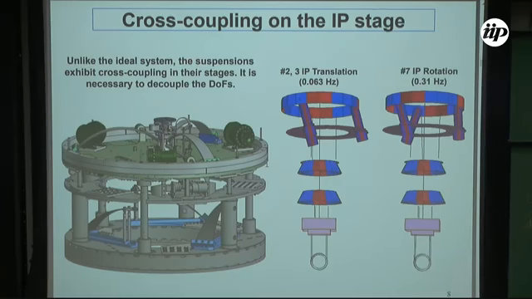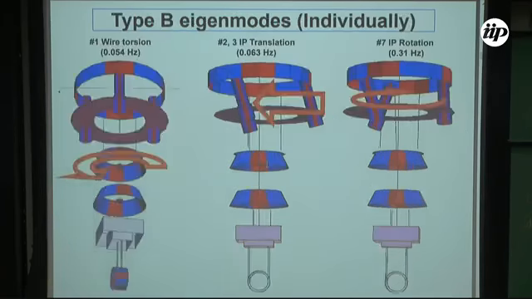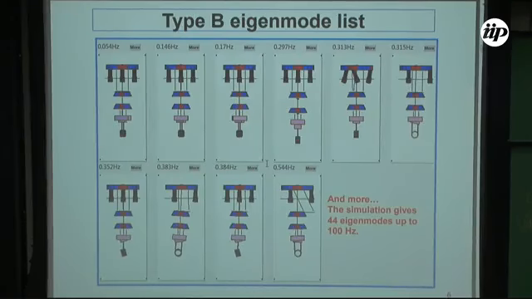So I can see 45 here, but I can actuate only on 15, where I have my actuators.